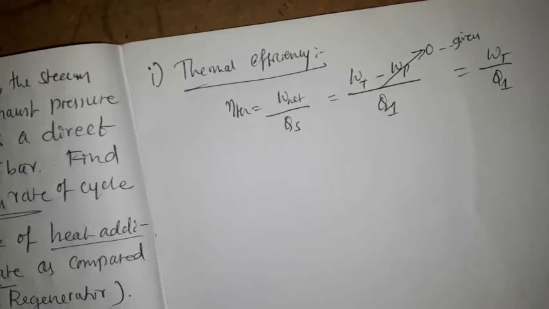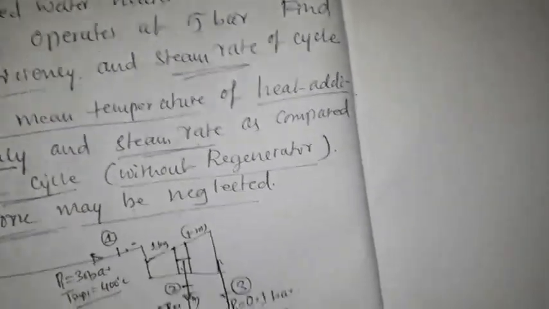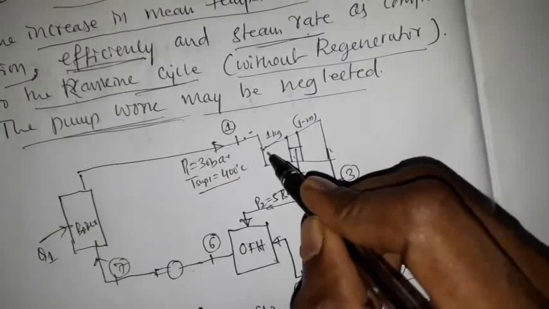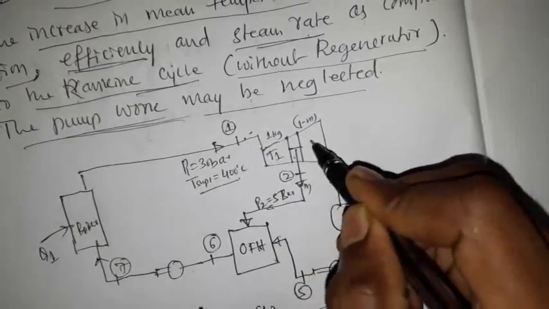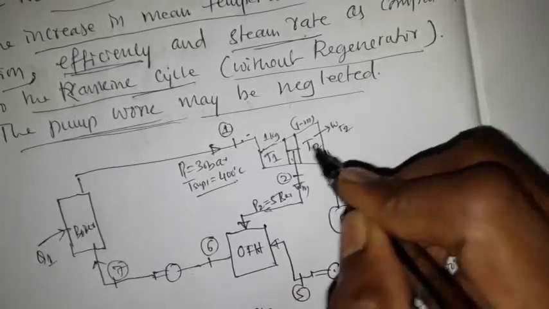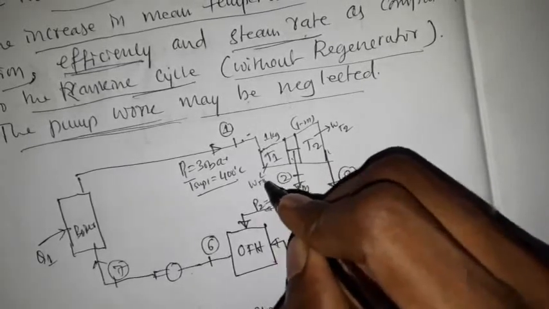So if you look into the turbine work in the schematic diagram itself, so here this is turbine 1, this is turbine 2. So this produces WT2 and this produces WT1.